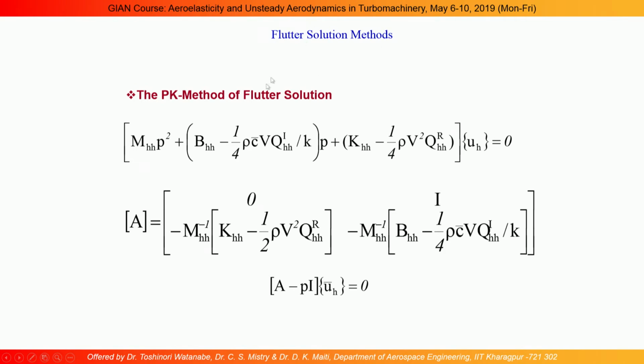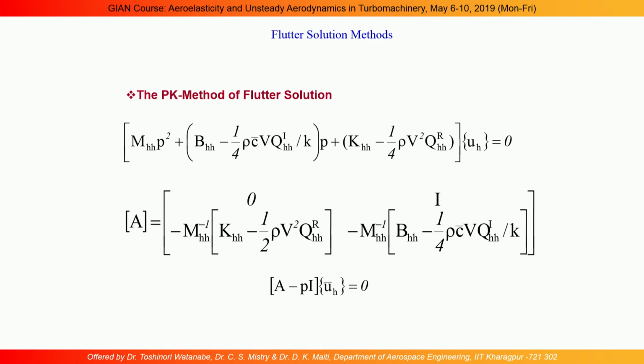Once you convert the equation we get in the PK method into state space form, with u_h and u_h dot as the two states, expressed as a single first order time derivative equation, I find the complex eigenvalue of A minus P I, where P is the complex eigenvalue and I is the identity matrix.